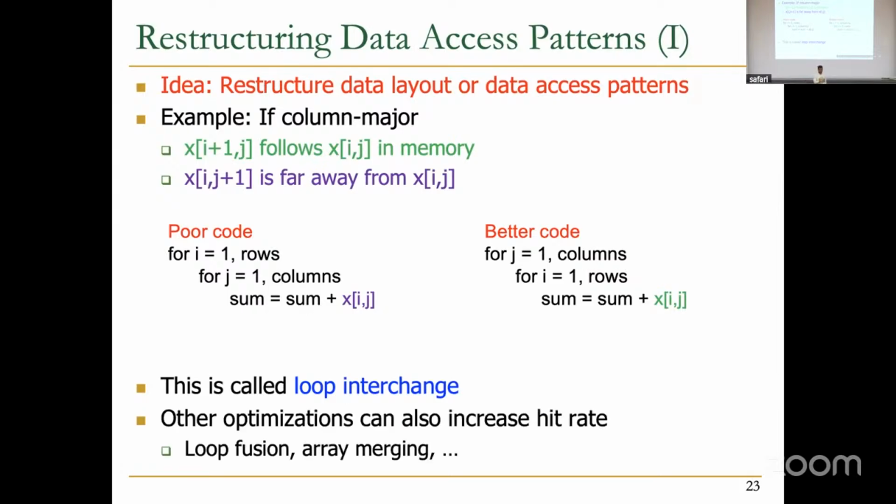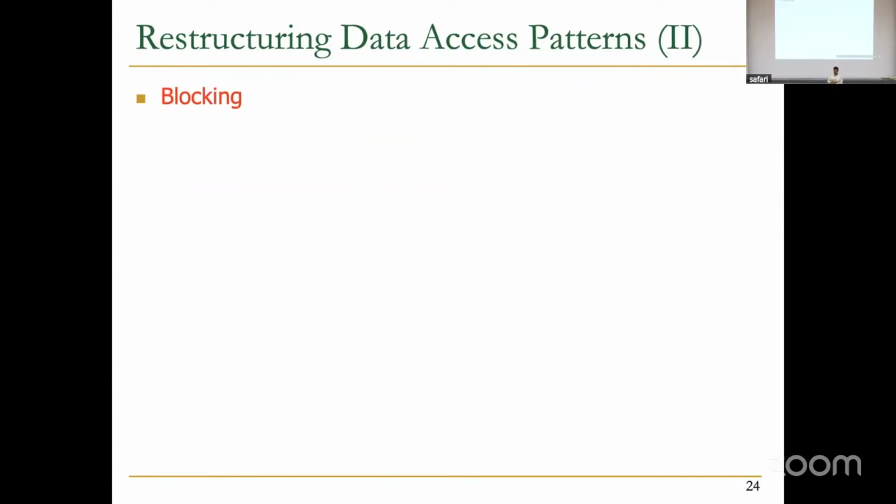In this case, this is called loop interchange, but there are lots of other compiler level optimizations like loop fusion and array merging. Many of these techniques the compiler can actually figure out by itself, but if you as a programmer do it, it makes your life easier. Okay, so that's one example of how, as a programmer, we can write better code.